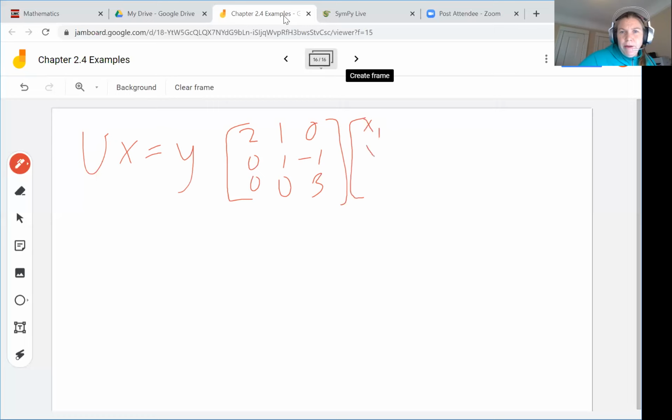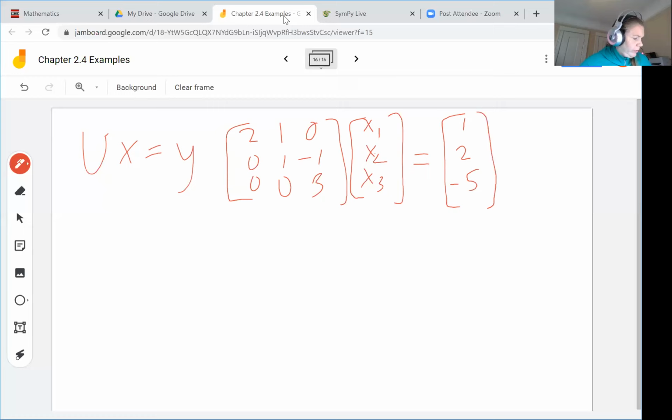I'm going to multiply this by x1, x2, x3. And the result should be what we called y, the 1, 2, negative 5. If we solve this, 3x3 equals negative 5. So x3 equals negative 5 thirds.